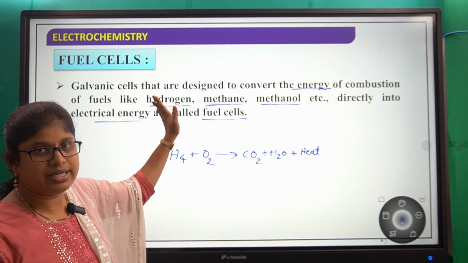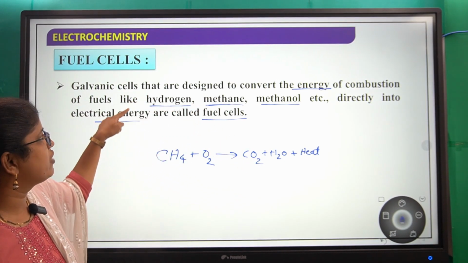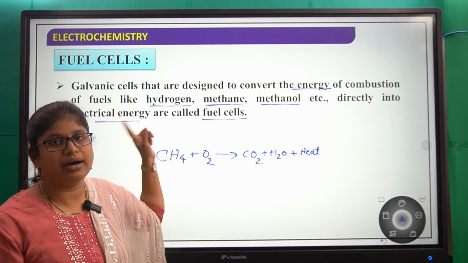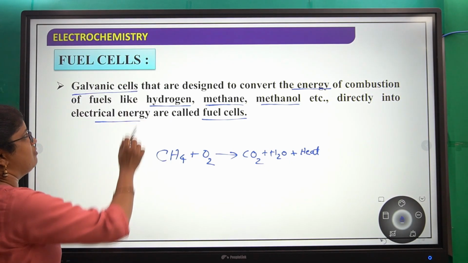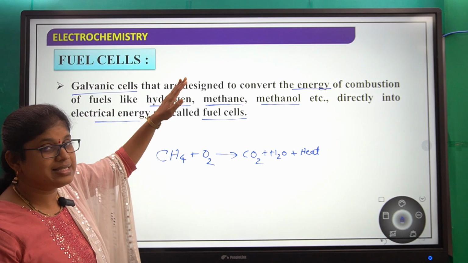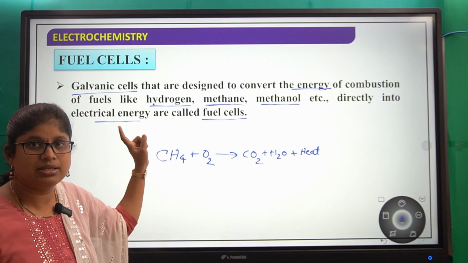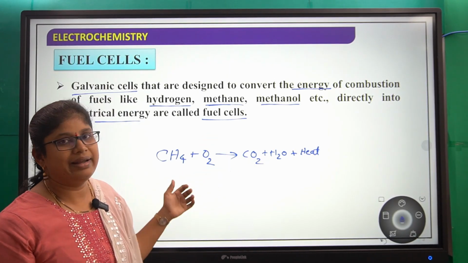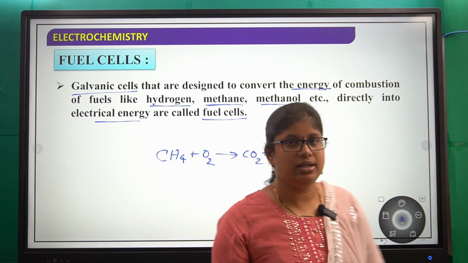So those cells which convert the energy of combustion of fuels directly into electrical energy are called fuel cells. These fuel cells are also galvanic cells. Galvanic cells that are designed to convert the energy of combustion of fuels like hydrogen, methane, methanol, etc. directly into electrical energy are called fuel cells.